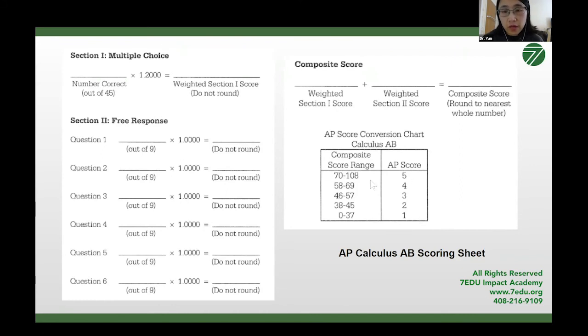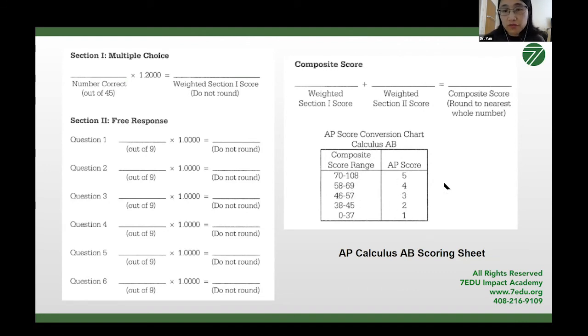Okay, so the conversion chart can vary a little depending on the actual difficulty of the test, like any other standard test. But this is just a rough guideline: if you want to get an AP score of 5, you should aim for a composite score above 70, and between 58 and 69, you will have a score of 4, and then you can see the further breakdown.